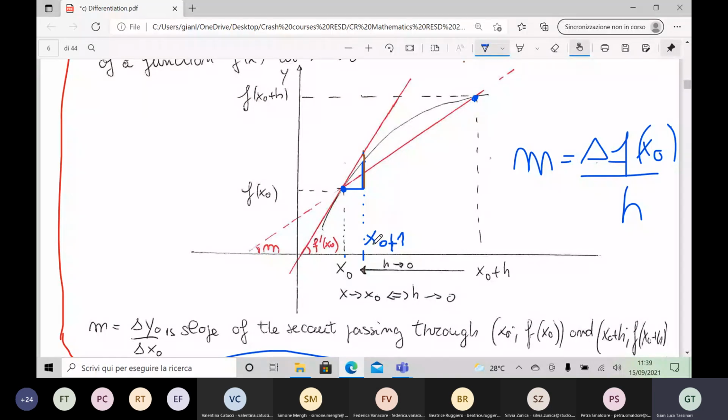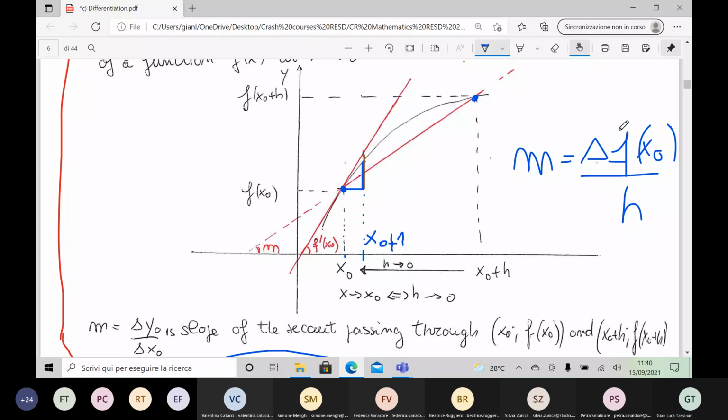And notice that if you multiply m by h, what you get? Delta f(x0). So you can get this vertical distance, I repeat, which is delta f(x0), by multiplying the slope of the secant times h. So I repeat, m is the average growth rate because it has been obtained by dividing the effective change in the value of the function by the length of the interval measuring the increment of x0.